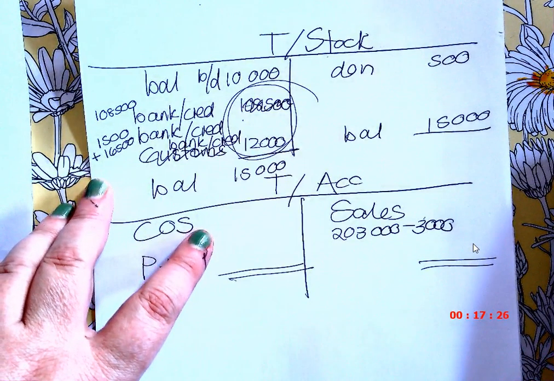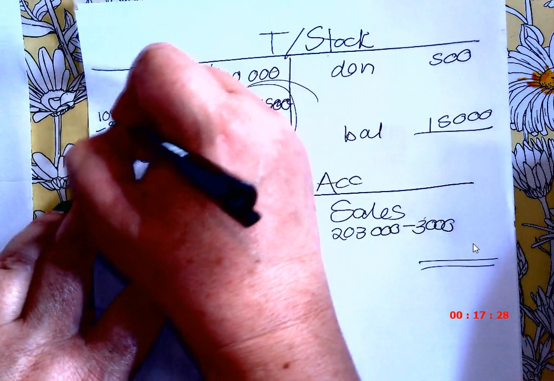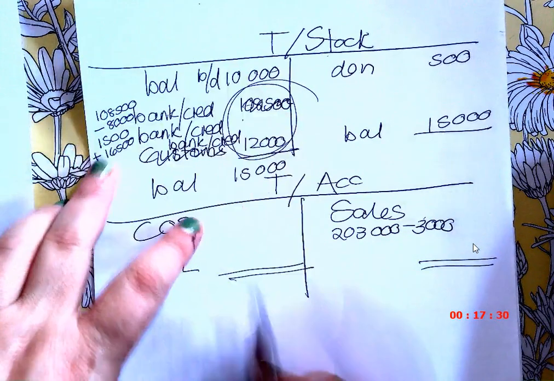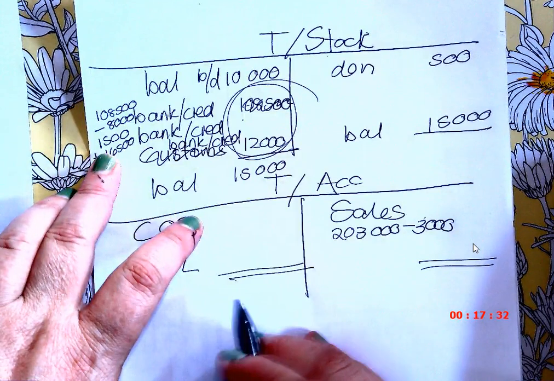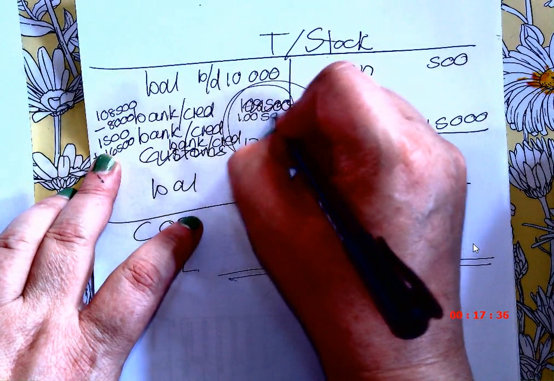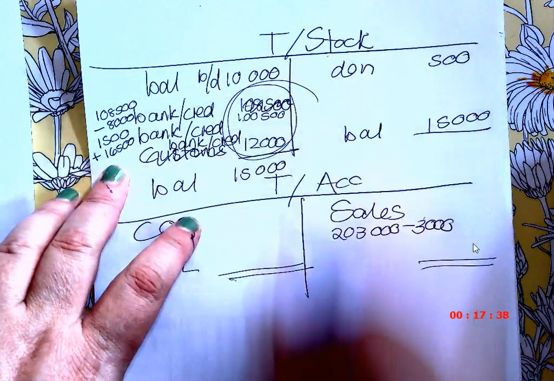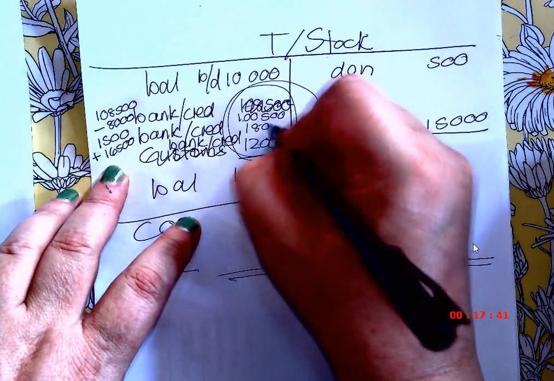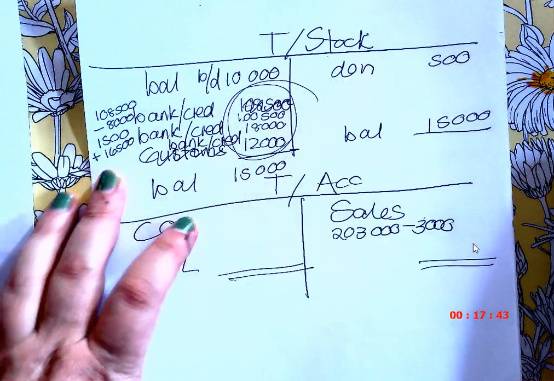Goods returned, 8,000. So now my purchases would be 100,500. My carriage would be 18. Can you see? My format is different.